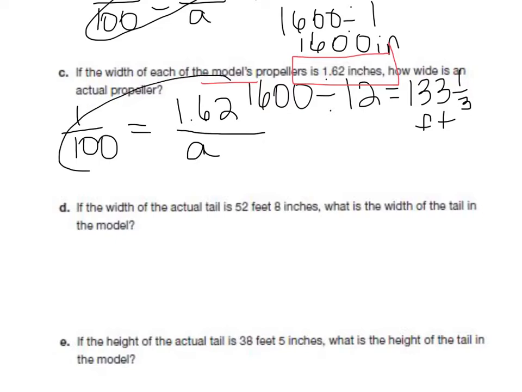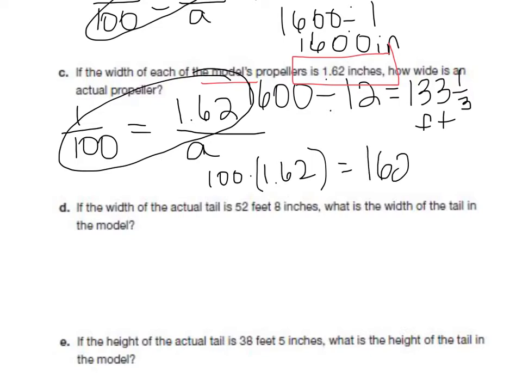We are going to cross multiply, so take 100 times 1 and 62 hundredths. And again, without a calculator, we're multiplying by 100 so we can move our decimal. So that equals 162 inches. Divide by 1. It's going to give us 162 inches.